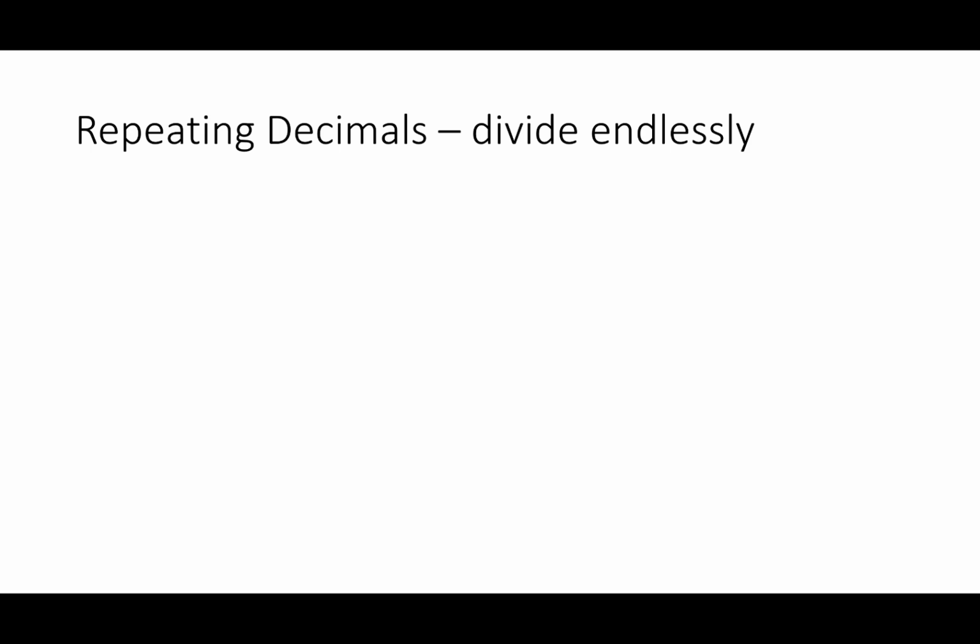Next case, we look at repeating decimals. This is the case when we cannot divide evenly. What this means is that the division will go on forever. Let's have a look at one fraction. We want to convert this fraction into a decimal. We get 2 divided by 3. 2 cannot be divided by 3.